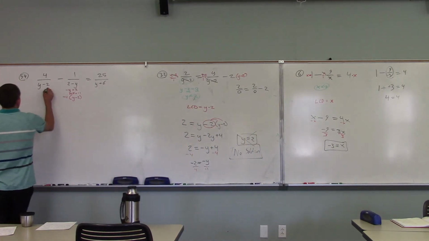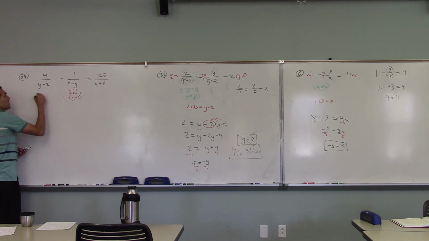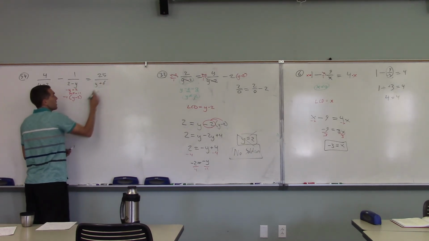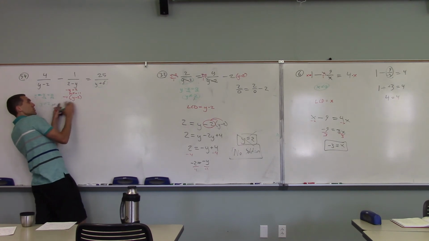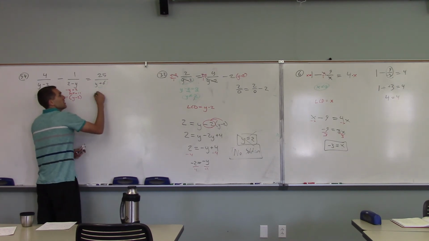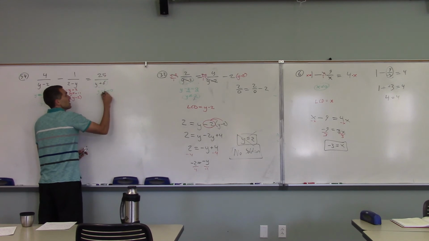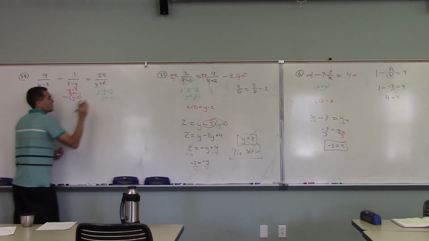So right away, if y minus 2 equals 0, we get y is 2. So y can't be 2, got it. The other one is the same, y minus 2, so we don't need to check it again, but you can. If y plus 6 equals 0, minus 6 minus 6, we get y can't be negative 6. Okay, we got two restricted values.